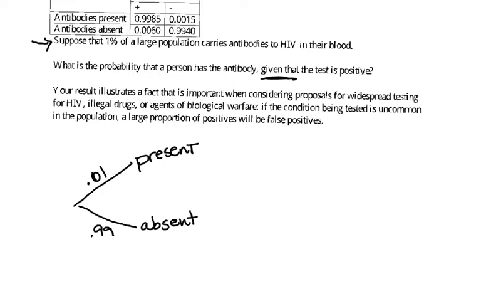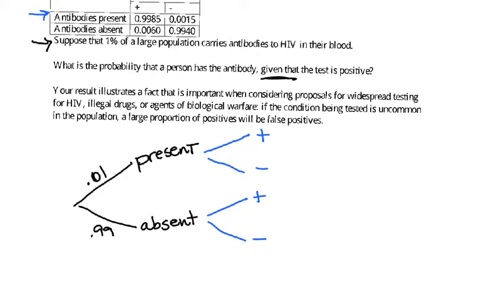Okay? The next line of the tree diagram that we're going to look at is whether the test is positive or the test is negative. And this is the information that we're going to get off this table. So if the antibodies are present, we're at this line on the table.